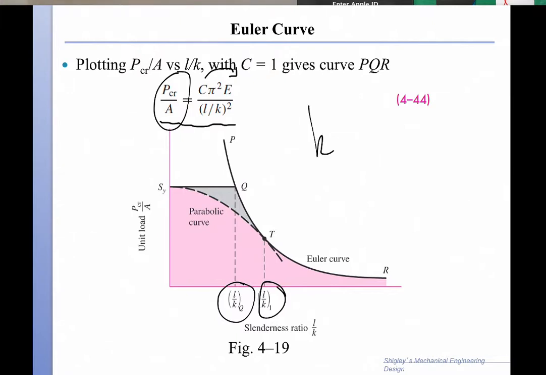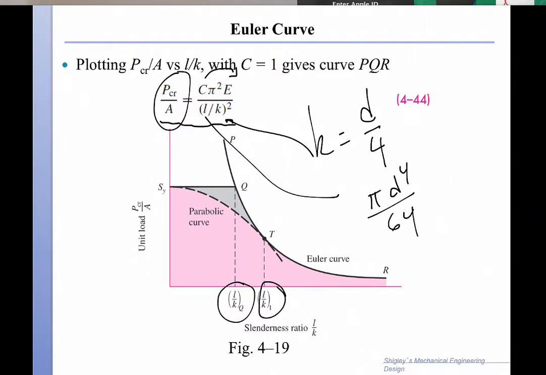K for a round cross-section is D over 4, then I put it here, and I for a round cross-section is pi D to the power 4 over 64, and keep the C in because it depends on the end conditions, and that will give me the critical diameter for buckling.